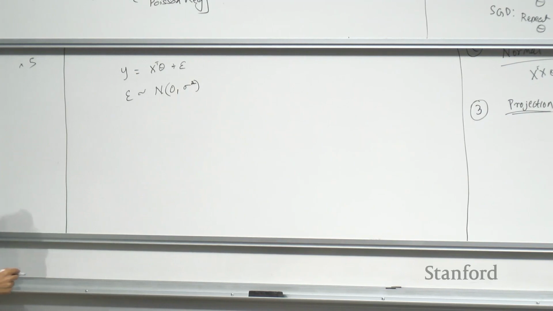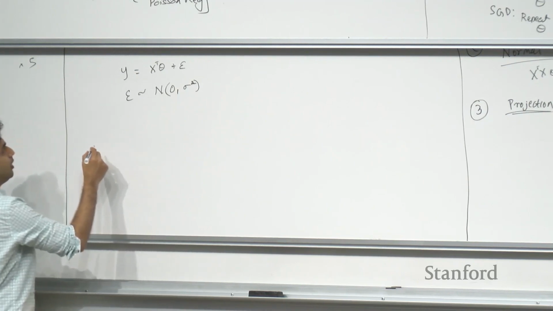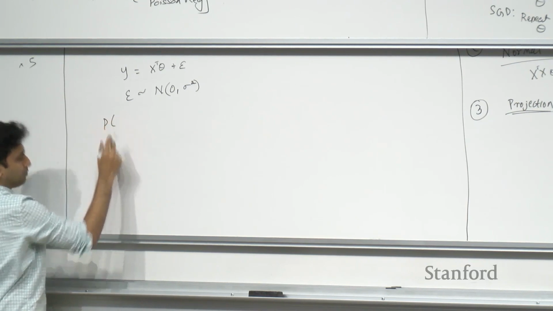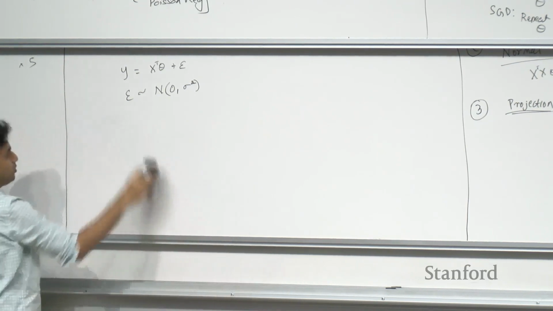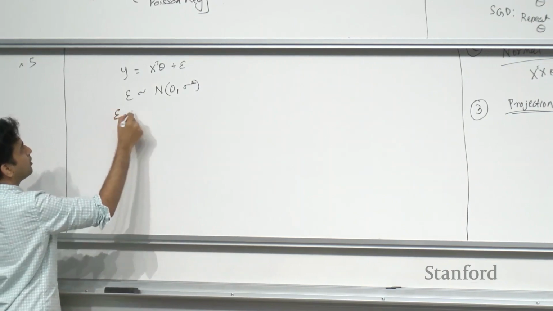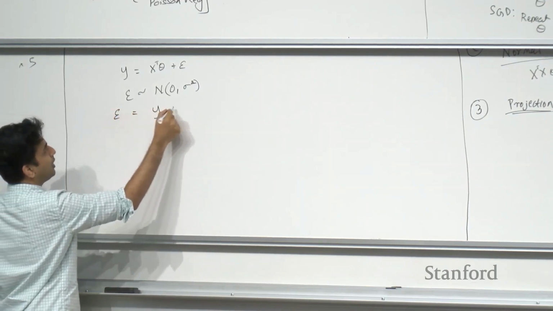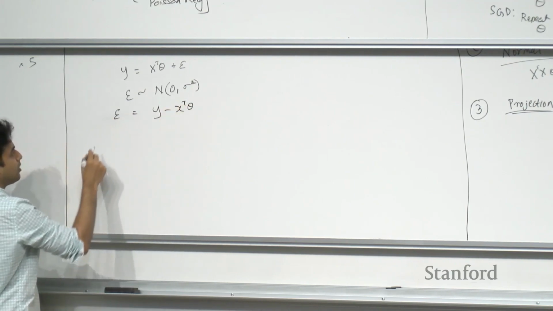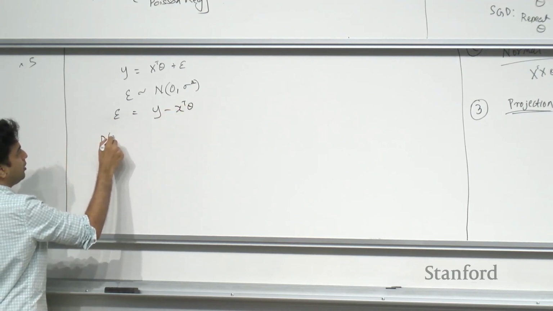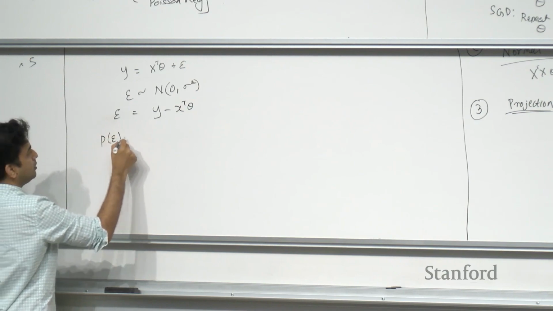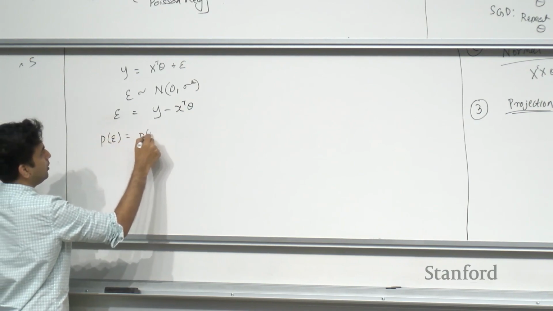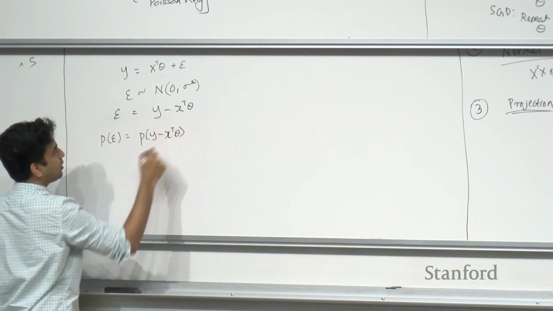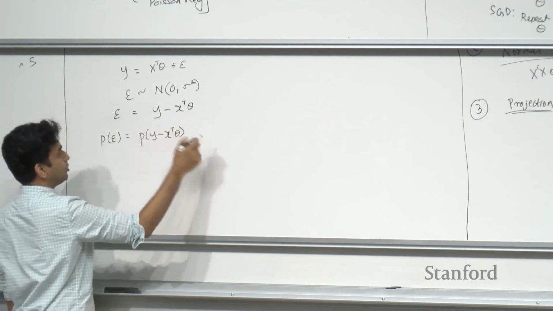And now with this we can write epsilon equals y minus X transpose theta, or theta transpose X, which gives us the probability of epsilon equal to the probability of y minus X transpose theta, which is now a Gaussian distribution.